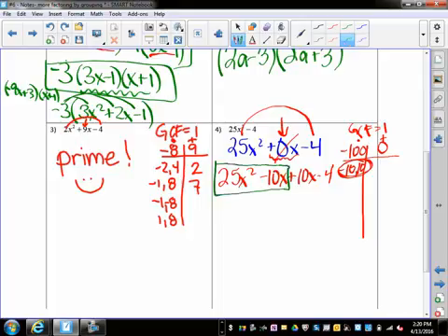Alright, Sultan. In my first box, what's my GCF? What can I factor? Can you take 10 out of it? What's 25 divided by 10? Wow. 5. Good. What happened to the calculator I just gave you? It's sticky. Alright, so we can factor out a 5. Sultan, can I take out anything else?